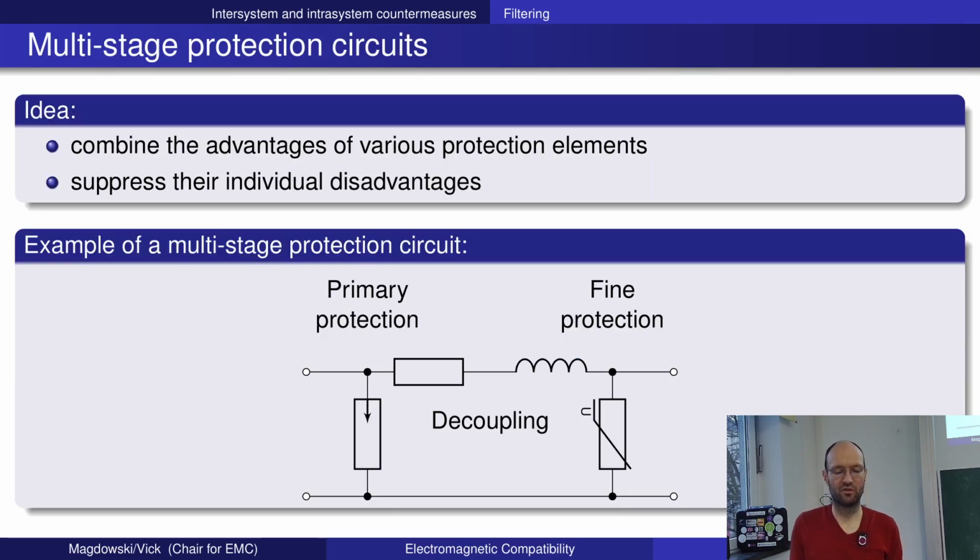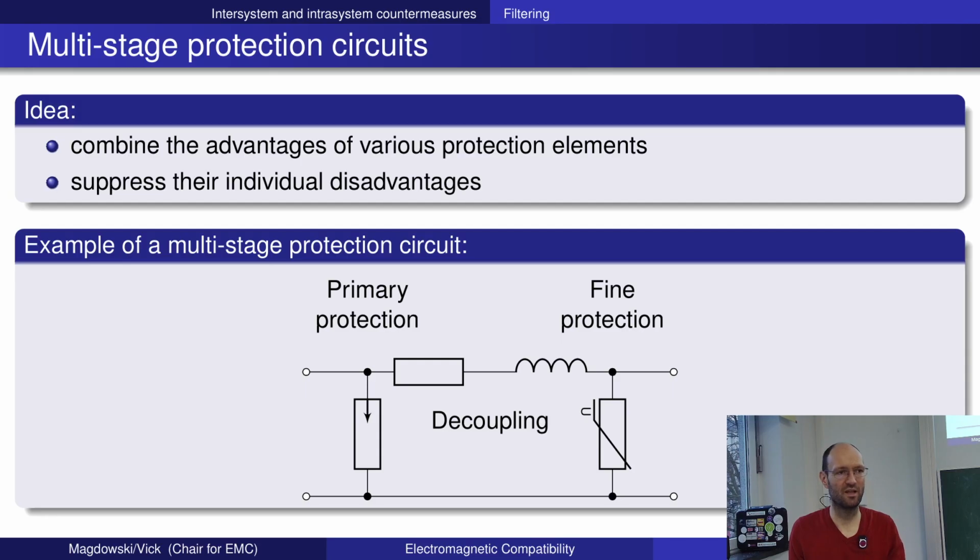And so the idea for the protection of usual devices is that we have these different protection elements that we just discussed: diodes, Zener diodes, thyristors, gas-filled surge arrestors, and varistors, and they all have their advantages and disadvantages, right?